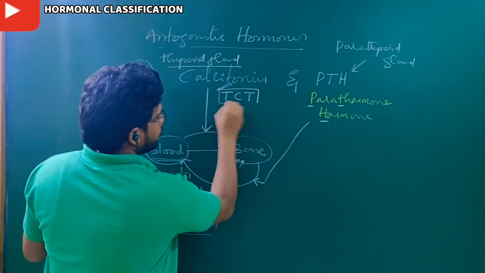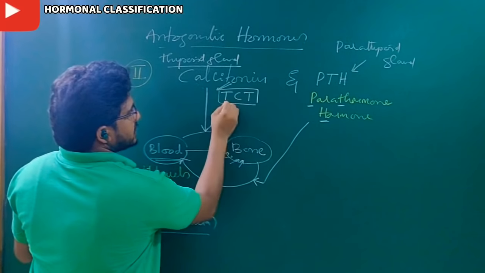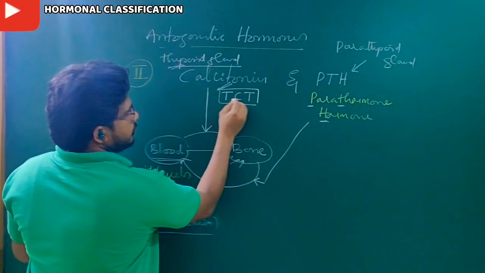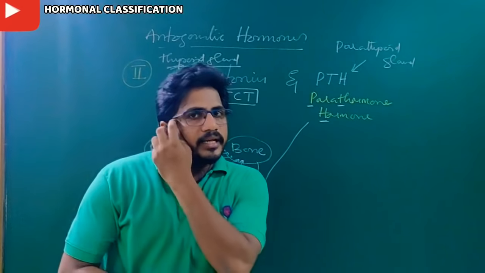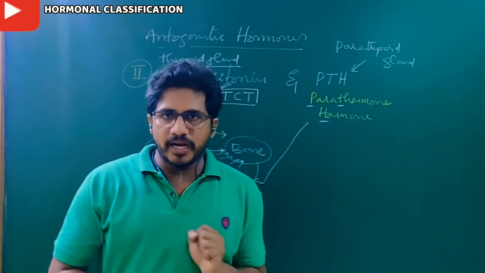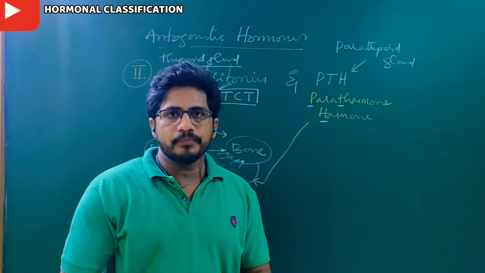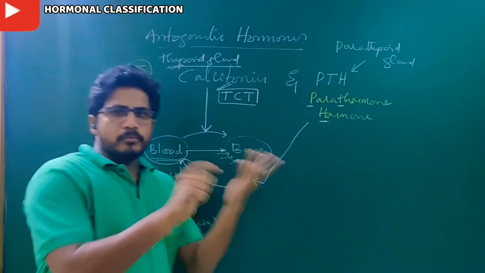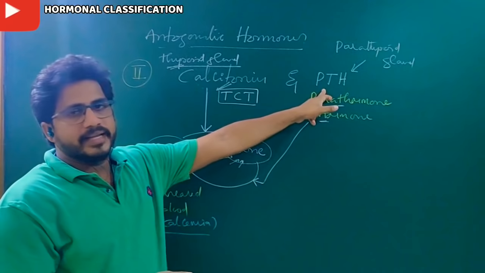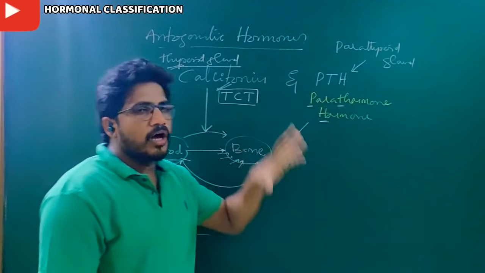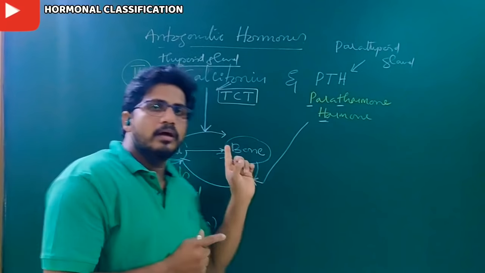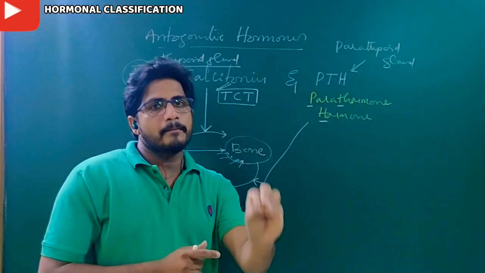Remember, very important. Thyrocalcitonin, as it is produced from the thyroid gland, is called TCT. TCT picks up calcium from the blood and places it in bone. The opposite function, from bone to blood, who does that? PTH, the parathyroid hormone. Parathyroid hormone picks up calcium from bone and places it in blood.